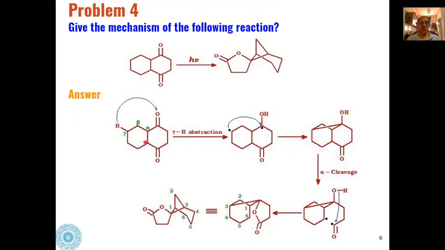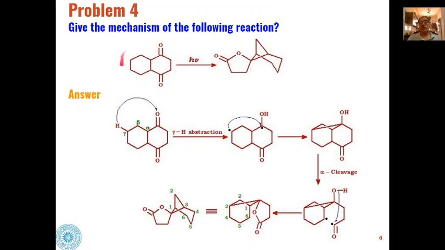So what happens is, if you see the structure of this diketone closely, then this is the alpha carbon, this is the beta carbon, this is the gamma carbon, and the orientation of this gamma carbon is very much inclined with this oxygen. So the first step will be gamma hydrogen abstraction from the excited diketone.